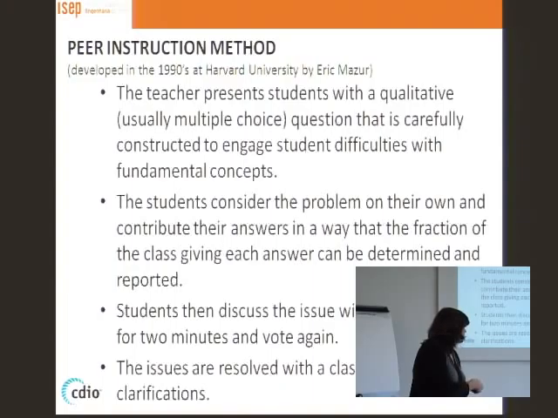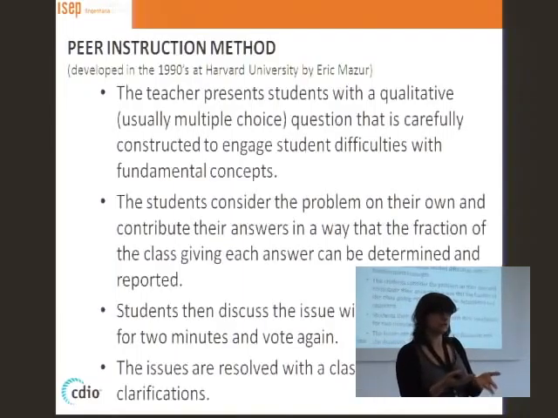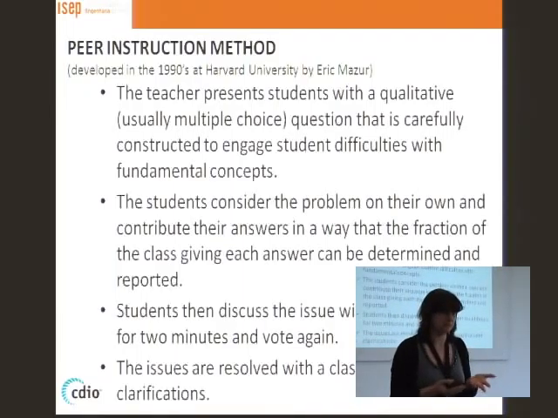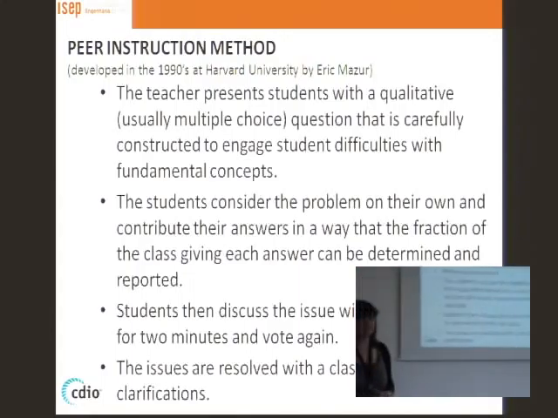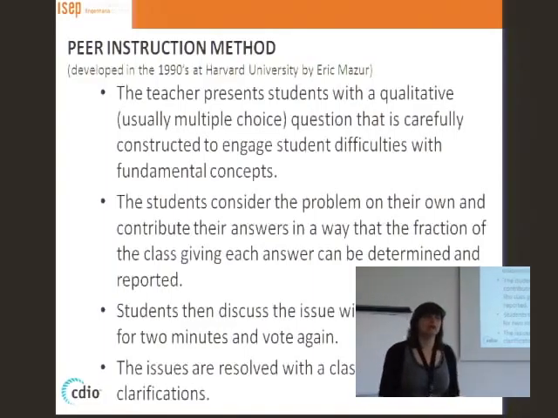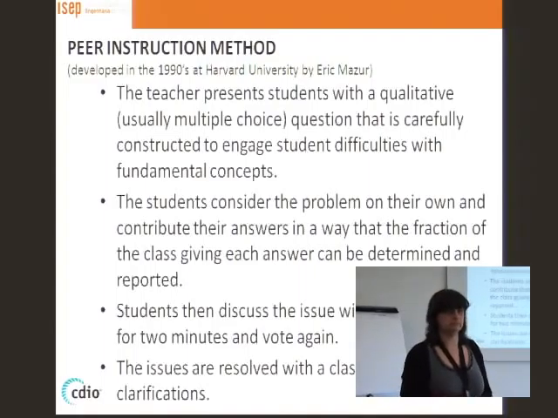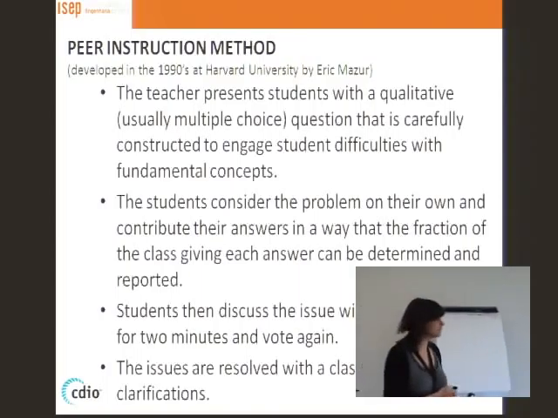After a few minutes, the students vote again. In the second session, we expect the answers to be better. This year it never happened like that. Sometimes it's the opposite, hopefully only 2 or 3 times. After that, I solve the questions at the board. So this is the peer instruction method.